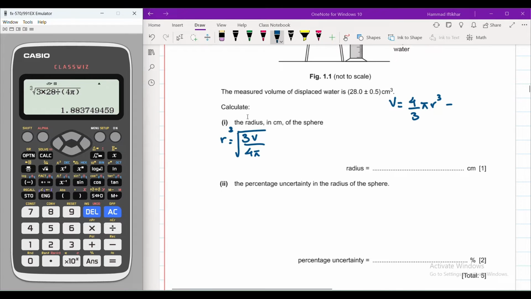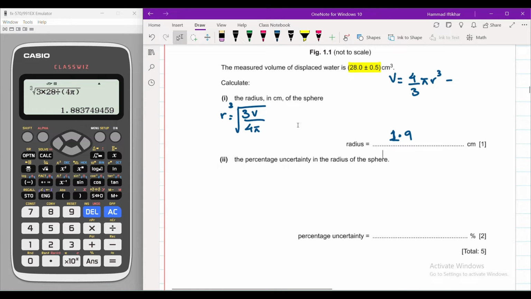So we get 1.88. Since we're given the volume in two significant figures, let's just use two significant figures over here, 1.9.